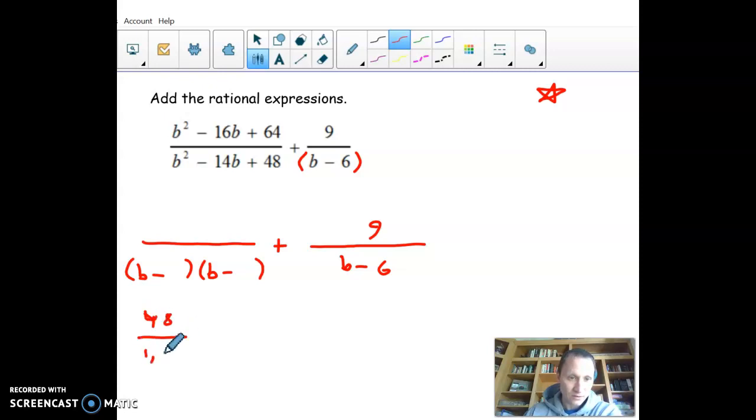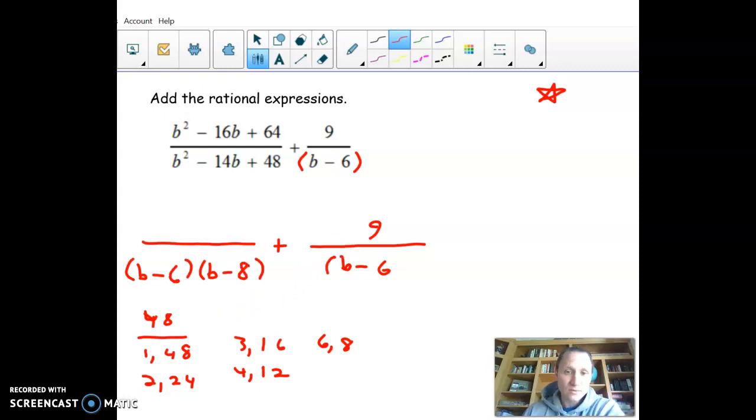So 1 and 48, that doesn't add up to 14. 2 and 24, nope. 3 and 16, no. 4 and 12, still no. And then 5 doesn't work, but 6 does, so 6 and 8, and that finally does work. So I'm going to have minus 6 and minus 8.